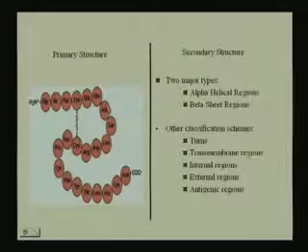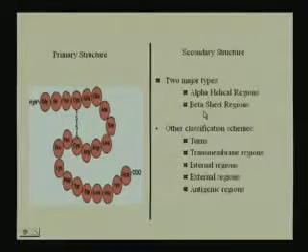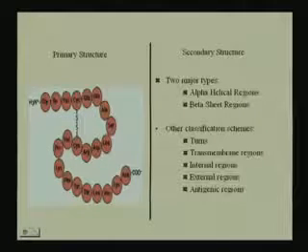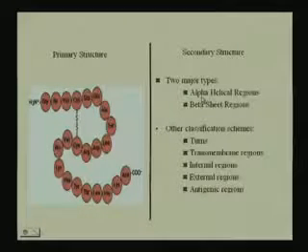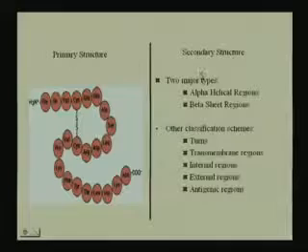So, this is our primary structure, this is our secondary structure. The two major types of secondary structures are alpha helices and beta sheets. I showed you on the previous slide a beta strand. Now, when beta strands link together, they form beta sheets. We will understand what these sheets are. There are other classification schemes which we need not go into right now, but we have to remember that apart from the primary structure, all the other structures we are going to talk about do not have any covalent linkage.